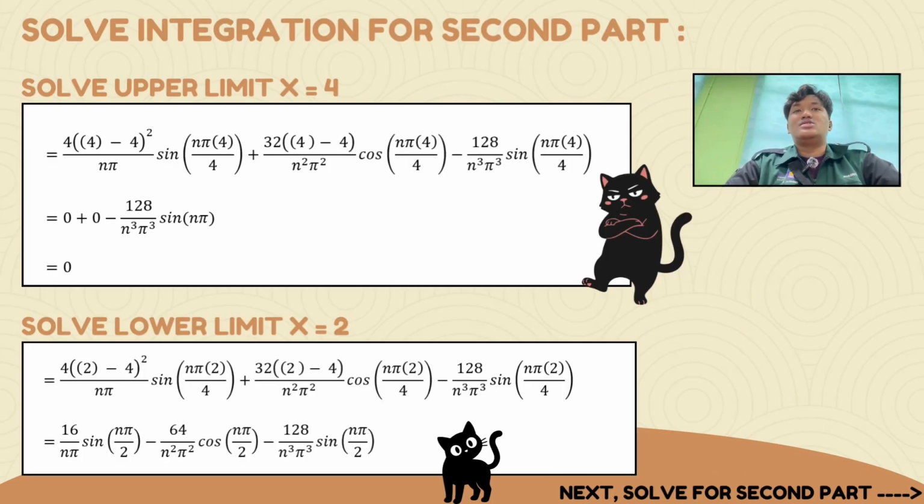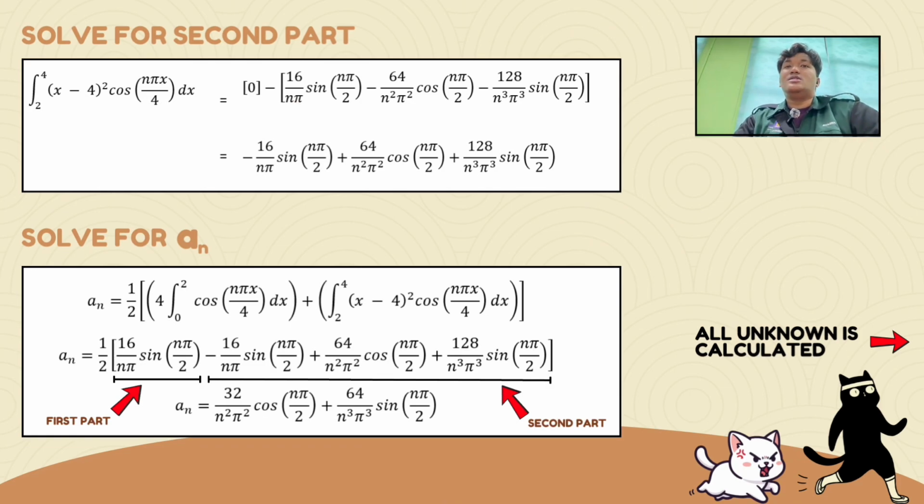Now we can solve the integration for the second part. First, we solve for the upper limit, x = 4, and we got 0. For the lower limit, x = 2, and after substitution we got this answer. Next, let's solve it, and we got the answer for the second part.